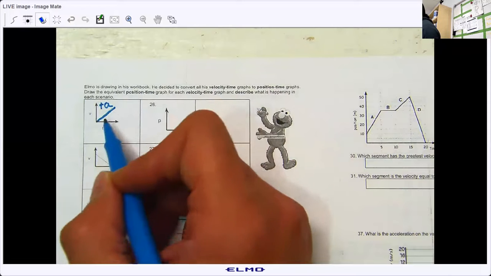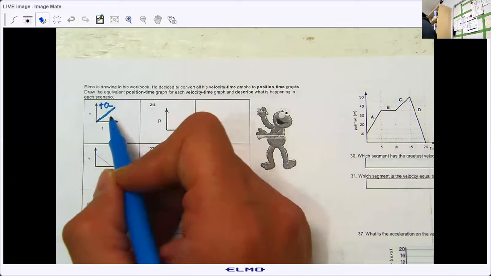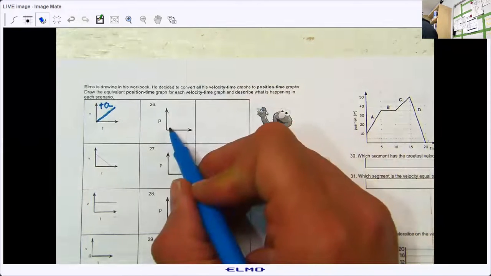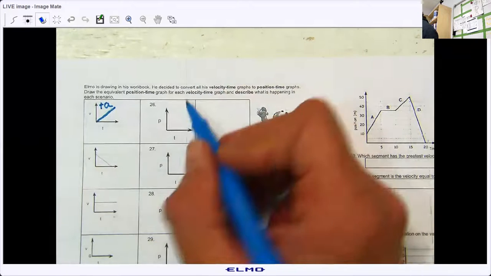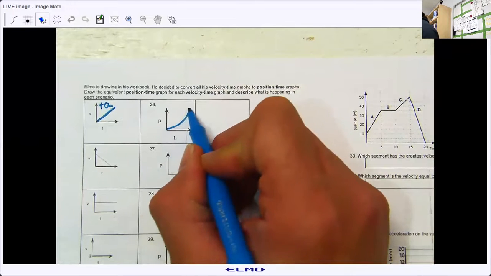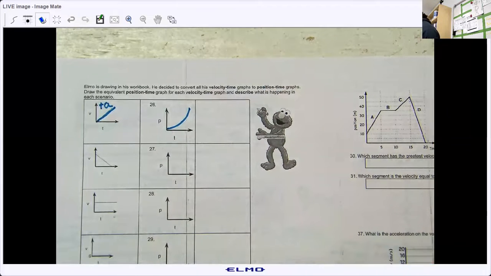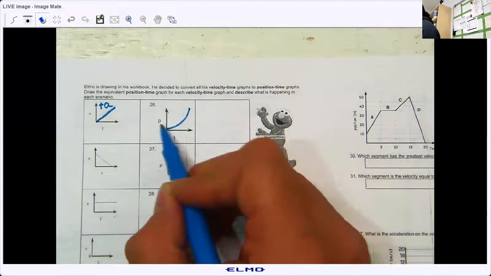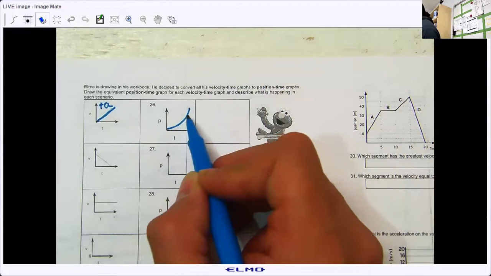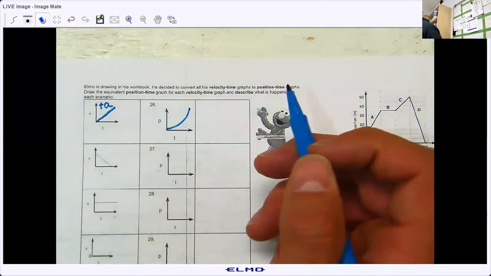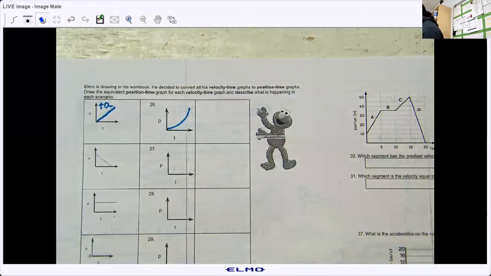This positive acceleration means we're speeding up, we're getting faster. So we can't draw a straight line on the position time graph. We have to draw a curved line to show that we're speeding up. A curved line shows that you are changing your velocity, because a position time graph shows velocity. So this is changing velocity and it's increasing its speed. It's changing by becoming faster.